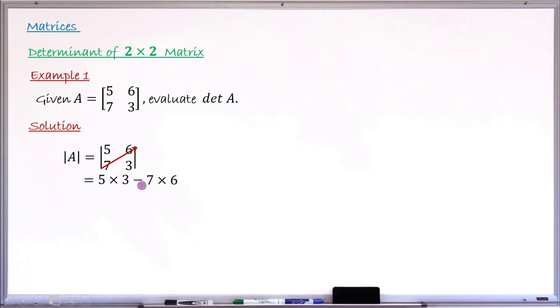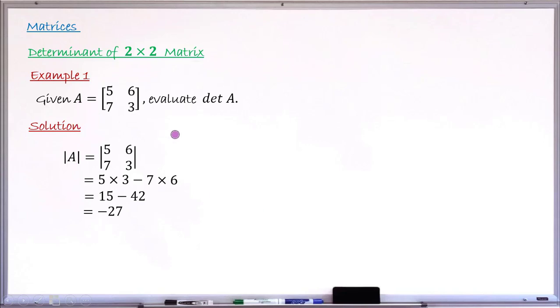You perform these two multiplications, then subtract the two results. So 5 times 3 gives you 15, and 7 times 6 gives 42. Subtracting 42 from 15 will give you the determinant of this matrix A, and that answer is minus 27. So minus 27 is the determinant of this matrix A.